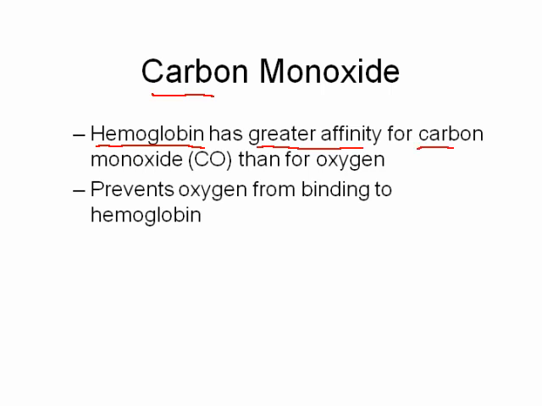Hemoglobin has a much greater affinity for carbon monoxide than for oxygen, and this is the chemical symbol for carbon monoxide, CO: a carbon with one oxygen. It prevents oxygen from binding to hemoglobin, which is one reason that carbon monoxide poisoning is so dangerous. The affinity of hemoglobin for carbon monoxide is extremely high compared to that for oxygen, so it prevents oxygen binding to hemoglobin for a very long time.